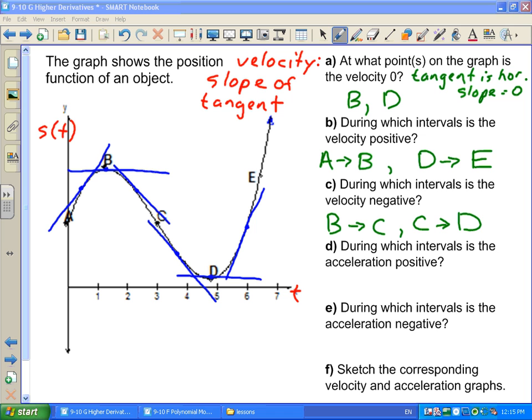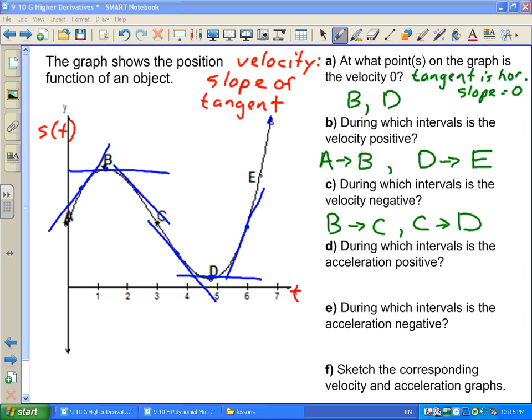The next two questions ask us about not velocity, but acceleration. During which intervals is the acceleration positive? During which intervals is the acceleration going to be negative? If we're thinking about acceleration, we're not thinking about the slope of the tangent anymore. We're thinking about how the slope of the tangent is changing as we go from one point to the next.